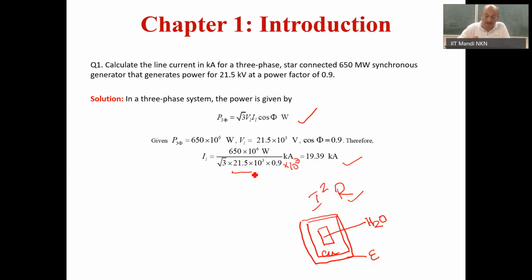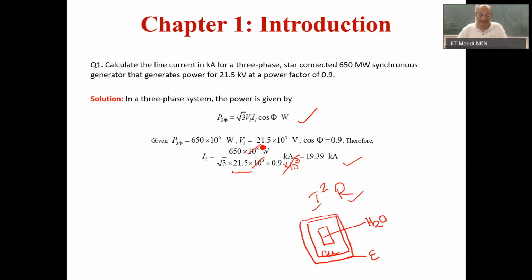You have to cancel this, and this cancels 26, and 650 divided by 21.5 multiplied by root 3 into 9 will work out to be 19.39. Yeah, it's correct.